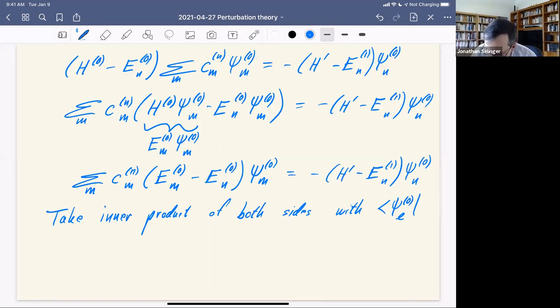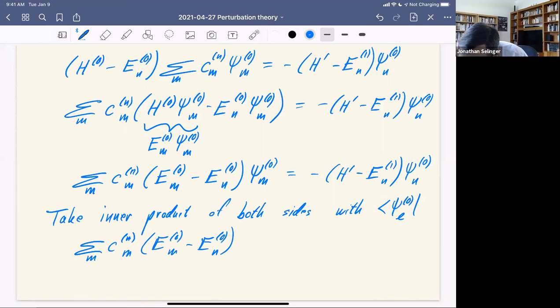Okay, what happens here? On the left side, we have the sum over M of C^N_M times (E0M minus E0N). And then there's this inner product of the bra psi 0L with the ket psi 0M.